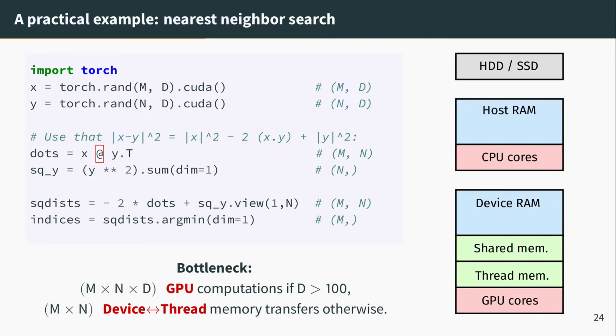What's going to happen is that the program is going to have xi in the thread memory, and then it's going to load the Yj's. It's going to be a bit more clear in the next slide, but you can optimize the memory reads. You can optimize the number of times you read the Yj's by relying on the shared memory.